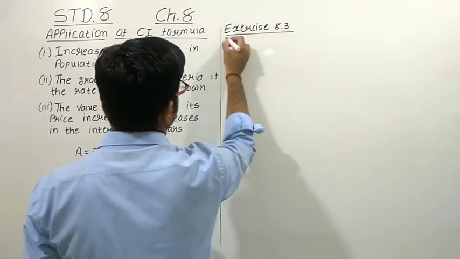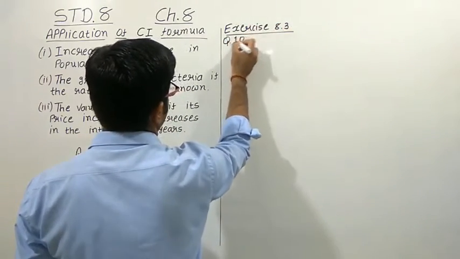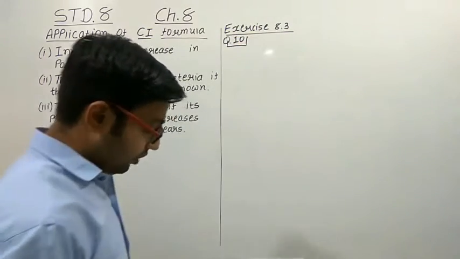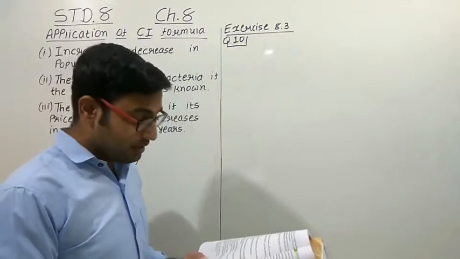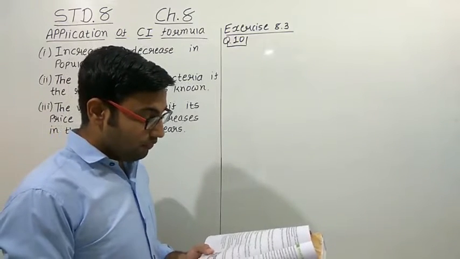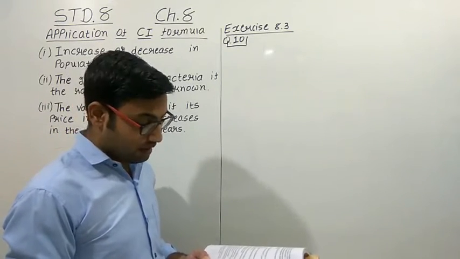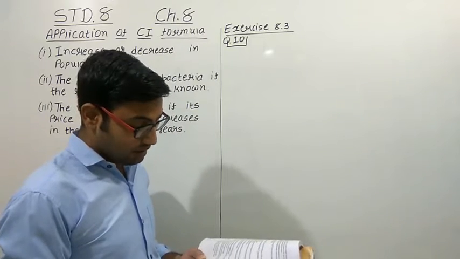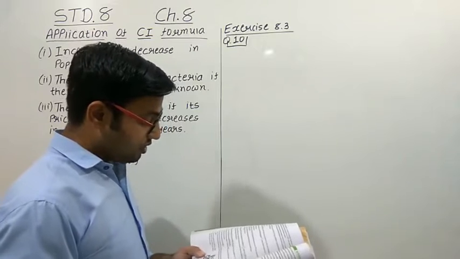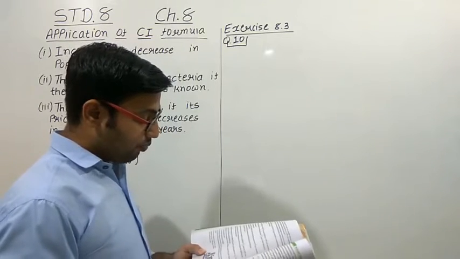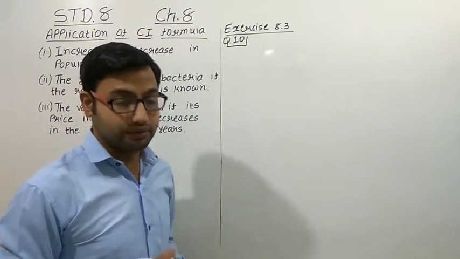Here we have given that the population of a place increased to 54,000 in 2003 at a rate of 5% per annum. So the first thing we have to find is the population in 2001.